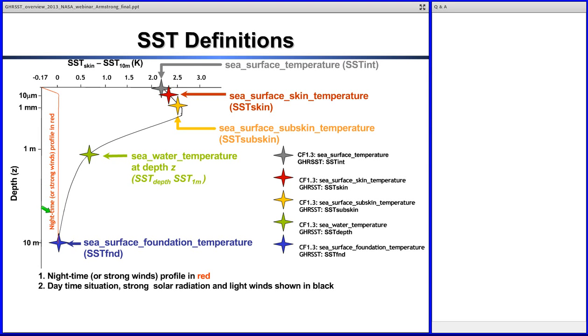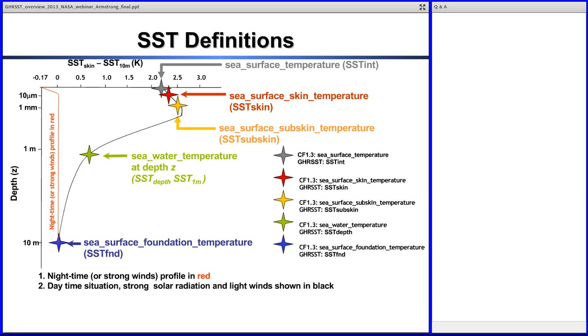Of course, as you imagine, the SST signatures, especially in the daytime, are strongly modulated by heat and momentum fluxes and other diffusive and advective processes. One of the issues that the GRIST community is working on is an improved understanding and representation of these types of signatures, as well as trying to use space-based observations, through modeling and other kinds of approaches, to get at this sea surface foundation temperature.